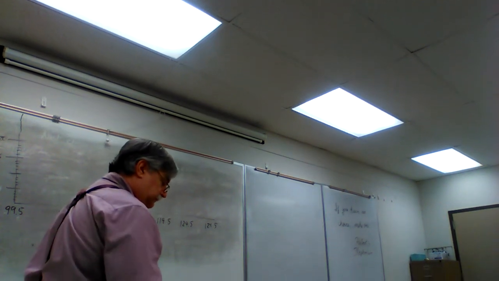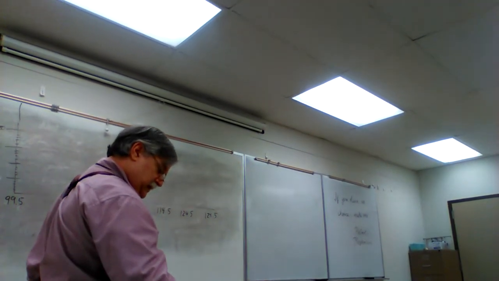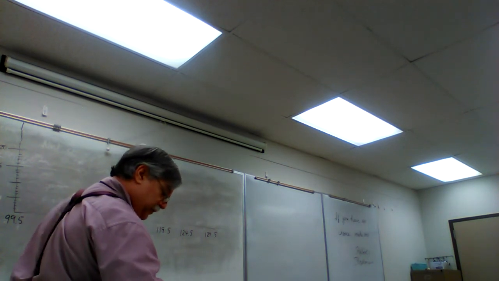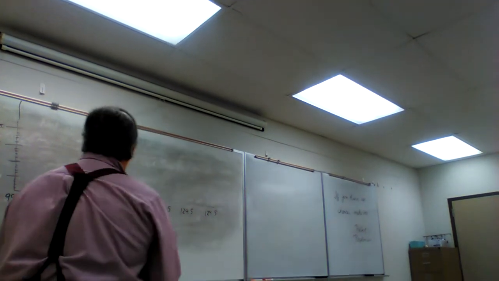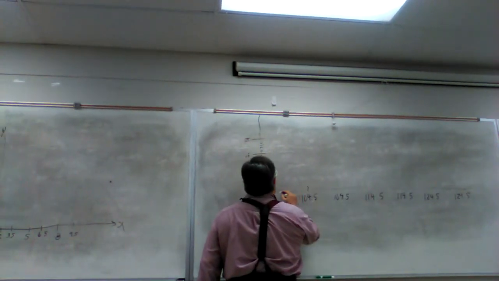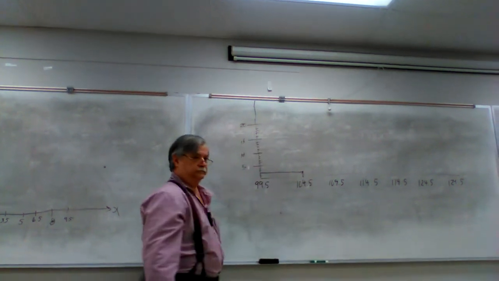Now, we'll take the frequency of each class and draw a bar graph in it. So in 99.5 to 104.5, we have 2. That means from here to here, that's our first bar.